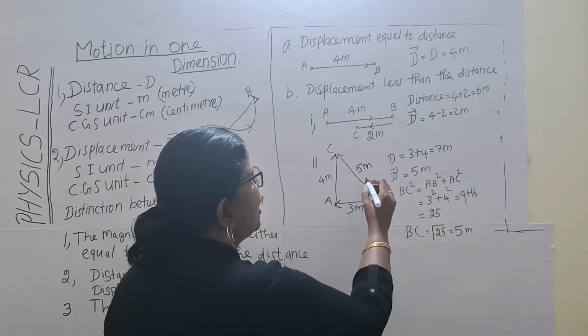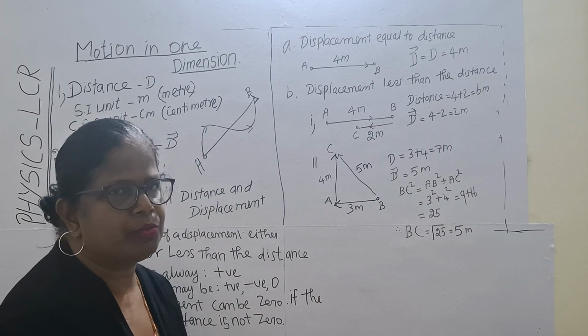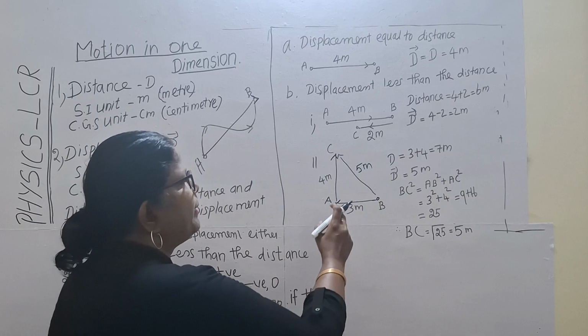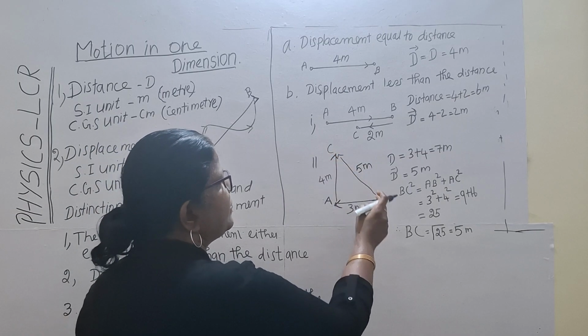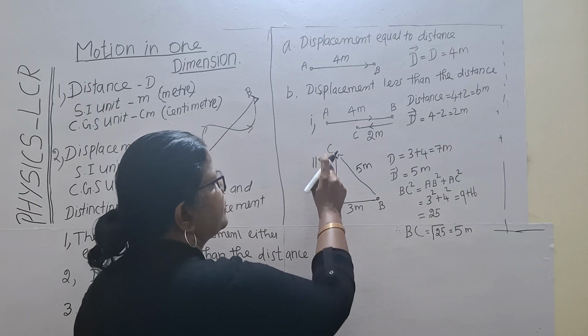Displacement is 5 meter. How is this 5 meter coming? Pythagoras theorem, everybody knows. This is class 8 mathematics you are studying. BC squared equals AB squared plus AC squared.